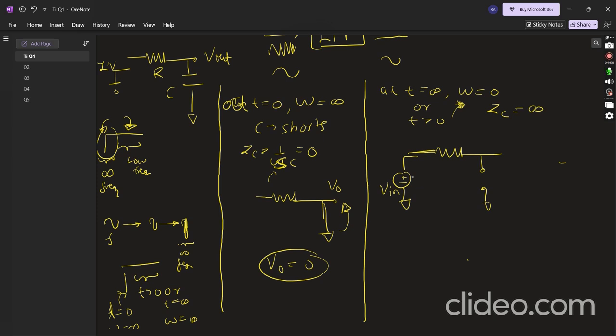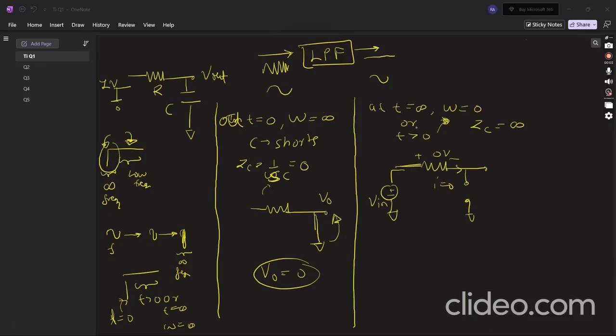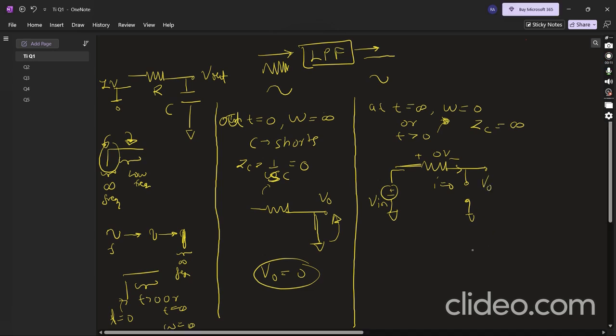So all the input appears on V out. So V in is equal to V out.